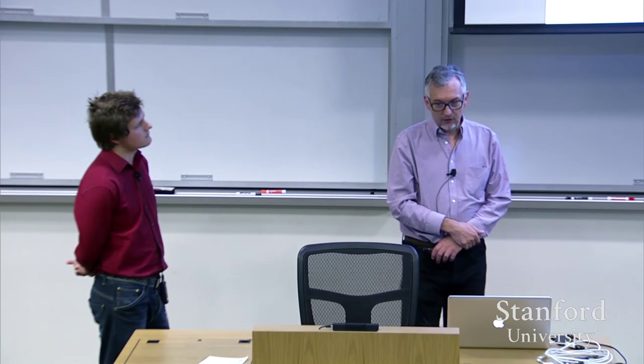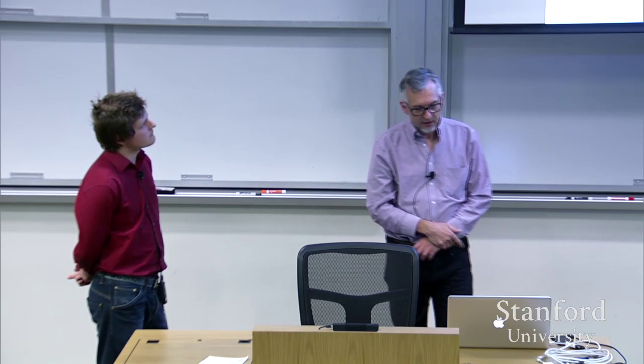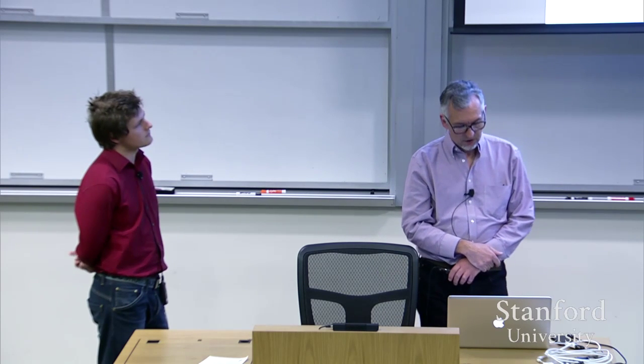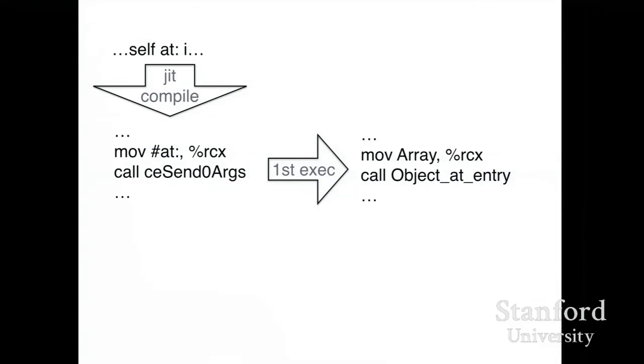And if that code was ever to be executed, then what that runtime routine would do would be using some other register which has the self in it, that we haven't shown how the compilers reference self, but it'll look up the message @ in whatever the class of self is, and in this case I'm imagining that it's an array, and it will find some bytecoded method, and associated with the bytecoded method, it may find some machine code method, and if there's no machine code method, it'll actually have to create one.